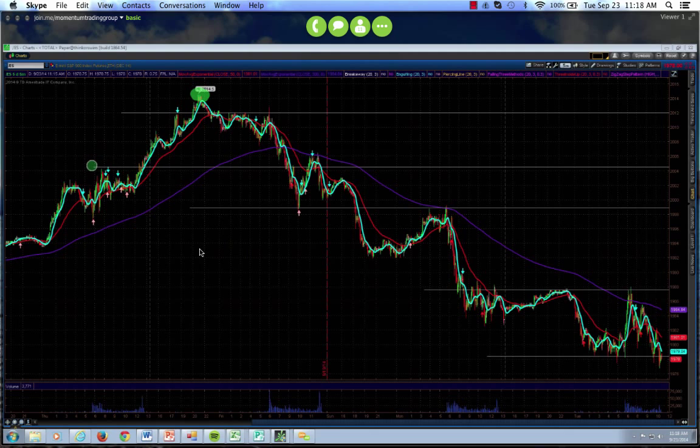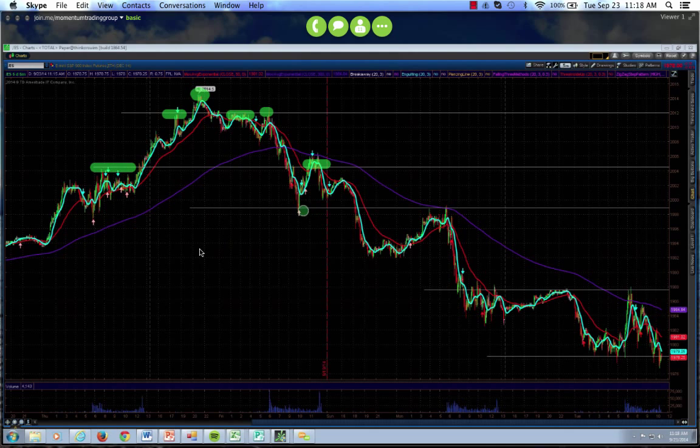What I'm looking for is consistency. So I'm looking for prices like right through here where it acted as resistance, acted as resistance. I want to see prices like right through here where it acted as resistance, acted as resistance. To me, that would be our resistance level right there. Okay?